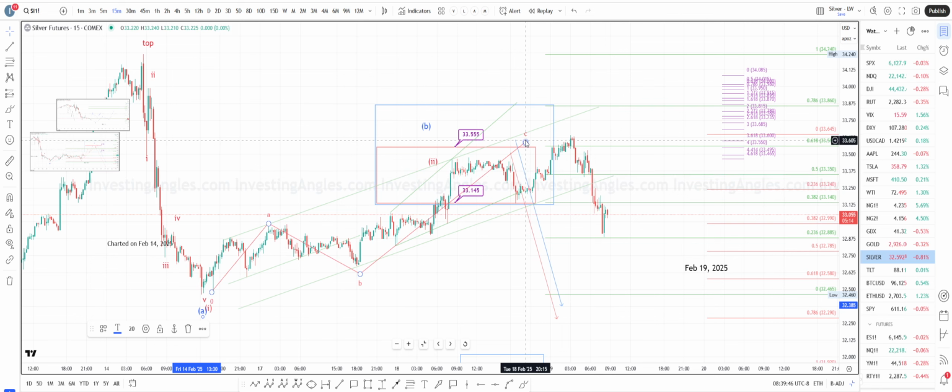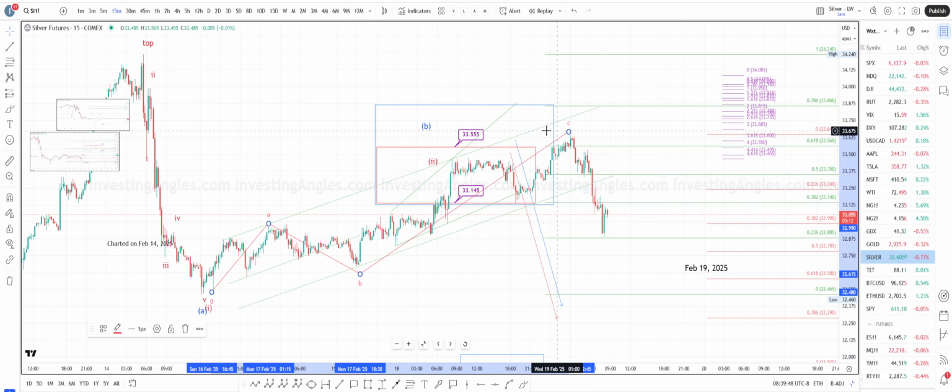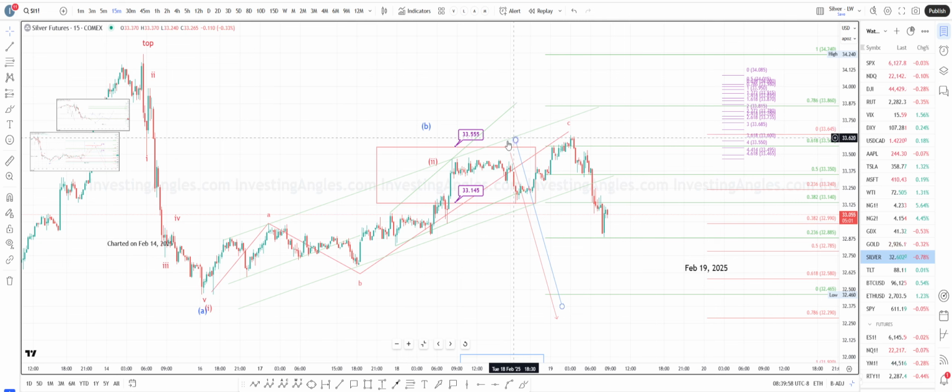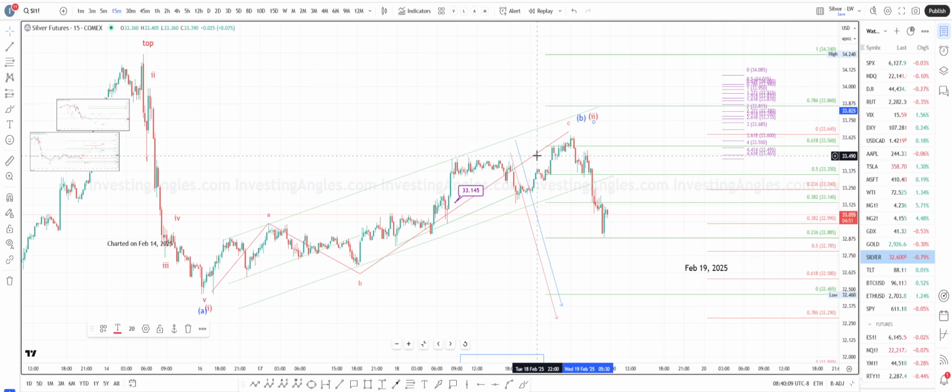What we are seeing here is a fairly clean ABC correction, and silver completed exactly in the area that we expected. So now we can remove these targets and clean up the chart a little bit. So this is potentially either wave 2 or wave B.